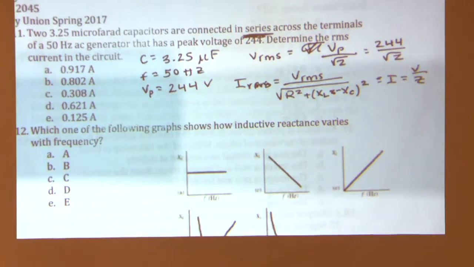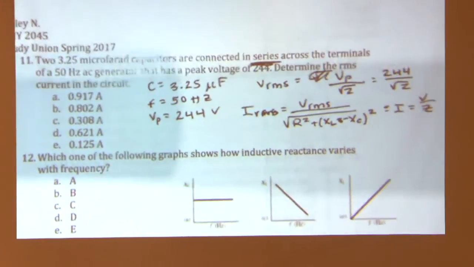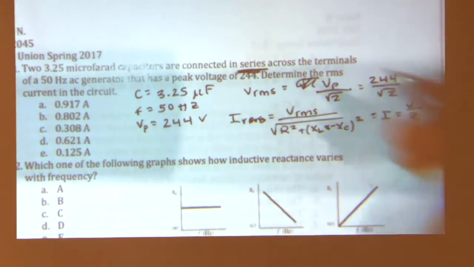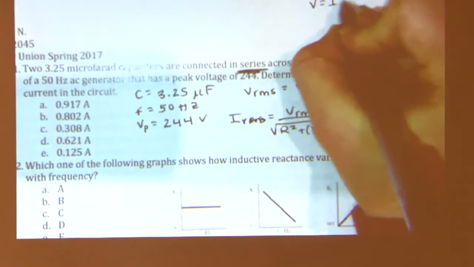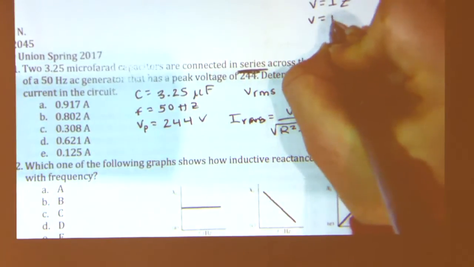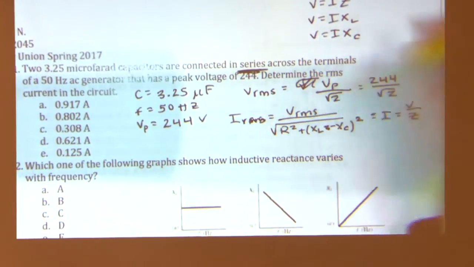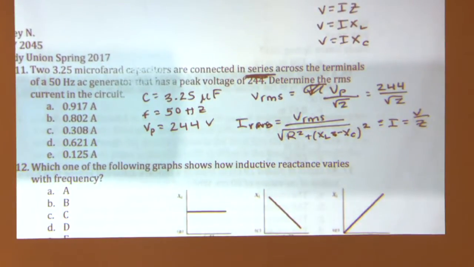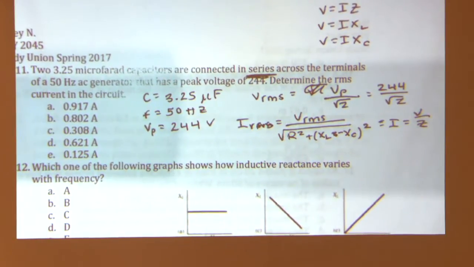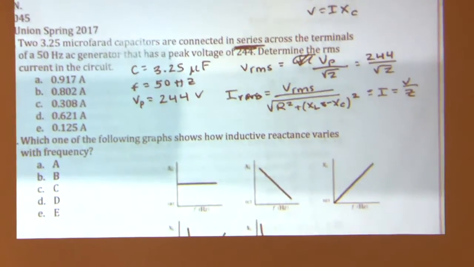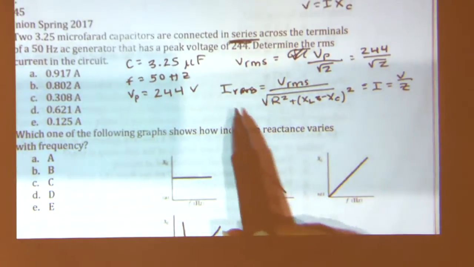As a side note, remember that for chapter 23 you have V equals I Z, V equals I XL, V equals I XC. That's how you can find voltages across certain elements of the circuit. But in this case, it just wants us to determine the RMS current. So we have this all set up.